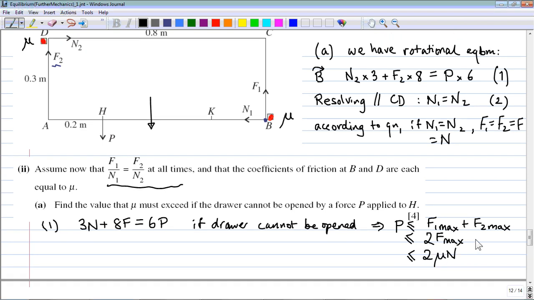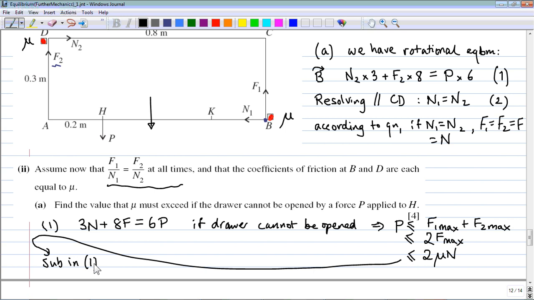And so we have a condition on mu in relation to P, but since we already have equation 1, we can substitute P into equation 1, creating an inequality which only has mu and n. So therefore I will take this and substitute it into equation 1.